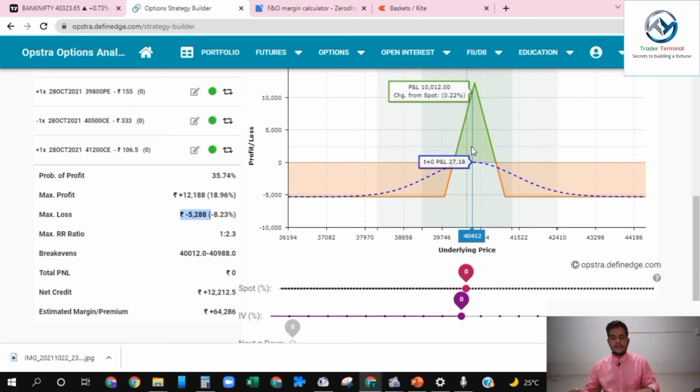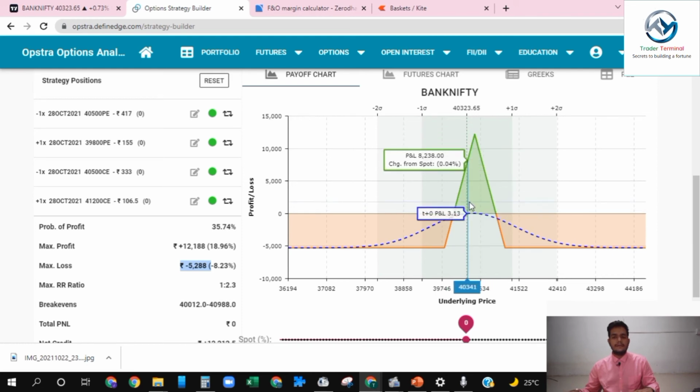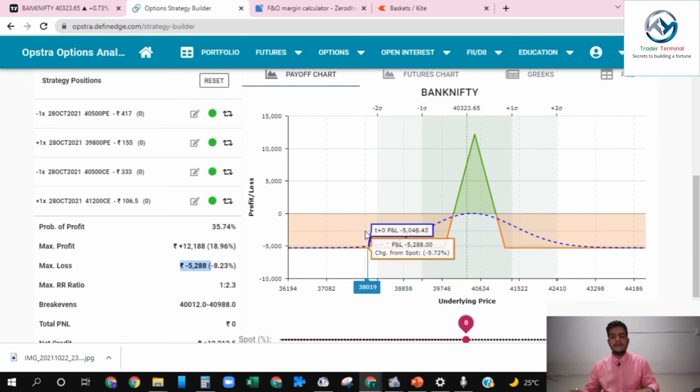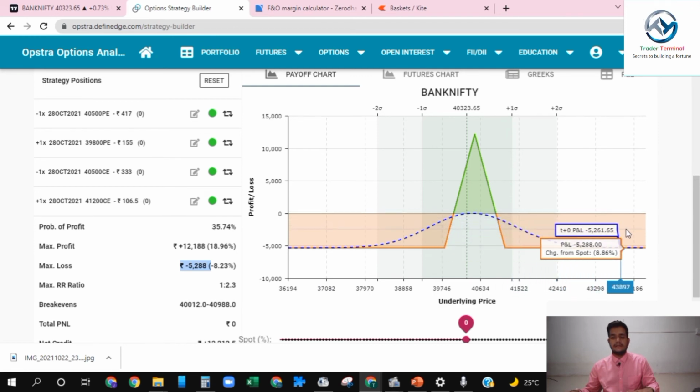So if Bank Nifty remains between this 1,000 range, we will make profit here, and if it goes beyond 40,000 on the downside, then we'll make a loss. But we can't lose more than 5,300 in this trade, regardless of where the market moves. And on the upper range you can see the profit and loss graph.